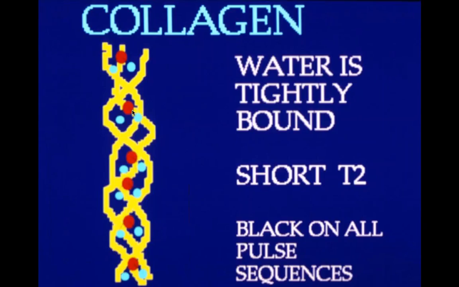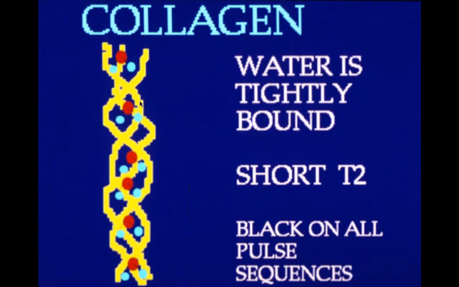Collagen itself is a triple helix. There is normally a small amount of water embedded within the collagen, but it's so tightly bound that it does not give a signal on the typical MR sequences that we use. So normal collagen should be perfectly black on all of our traditional pulse sequences.